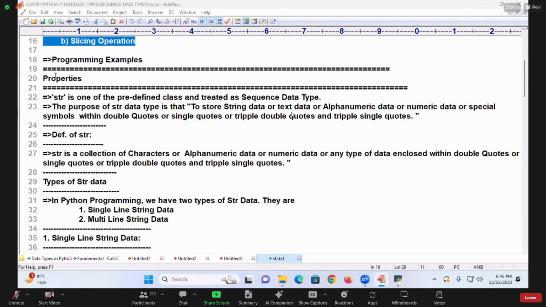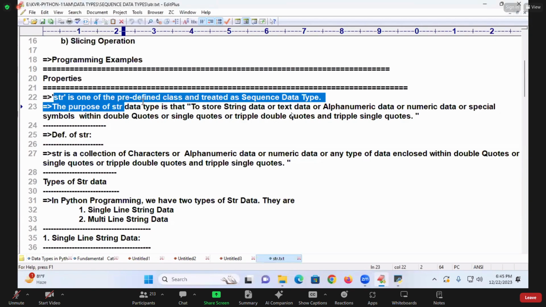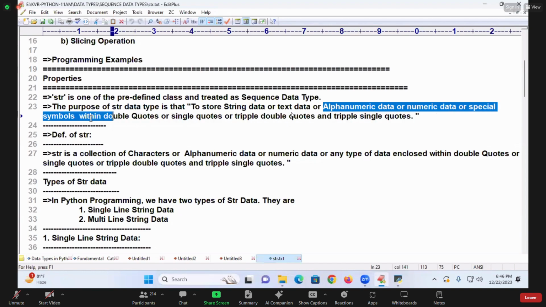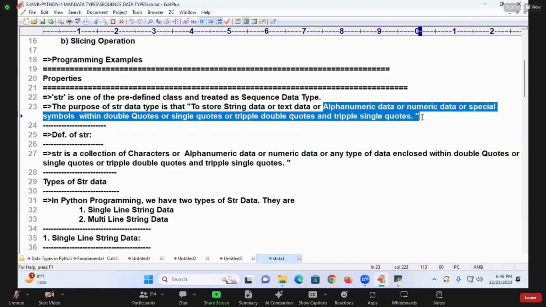Come on. Properties. str is one of the predefined classes and is treated as a sequence data type. The purpose of the str data type is to store string data or text data or alphanumeric data or numeric data or special symbols within double quotes, single quotes, triple double quotes, or triple single quotes.